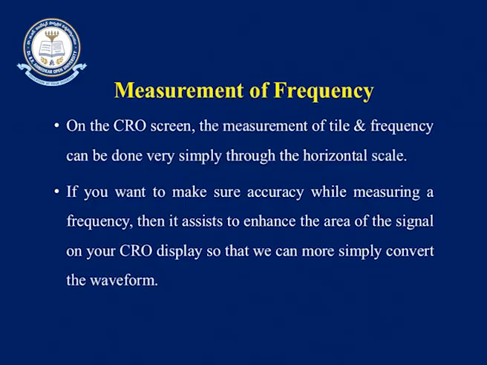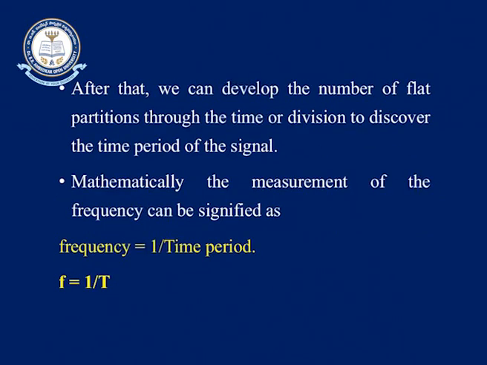The frequency can be found very simply from the horizontal scale time per division. Frequency f is equal to 1 by T observed, where T means the T observed value.